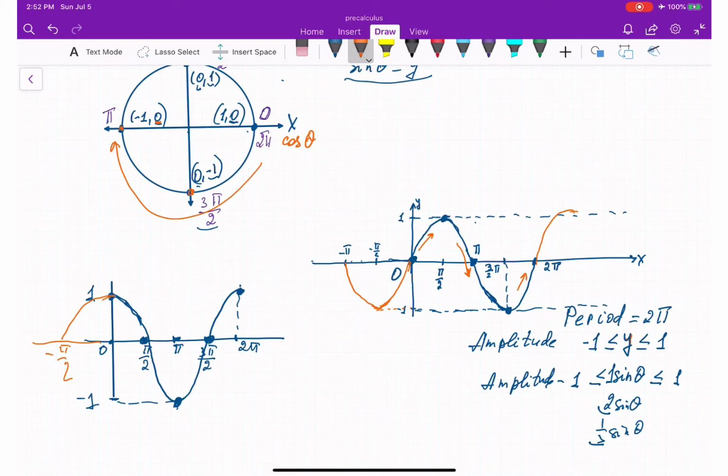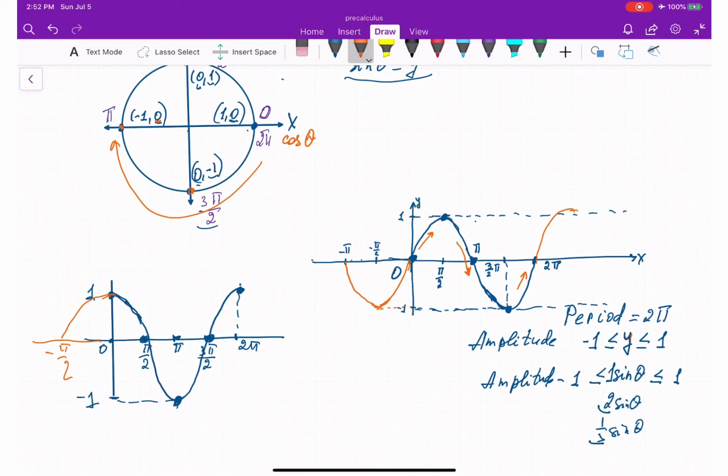Our period for cosine, let's calculate. This is pi over 2, this is 3 pi over 2. So 3 pi over 2 minus pi over 2 is 2 pi over 2, which is pi. So this piece is pi, this piece is half a pi, and this is also half a pi.